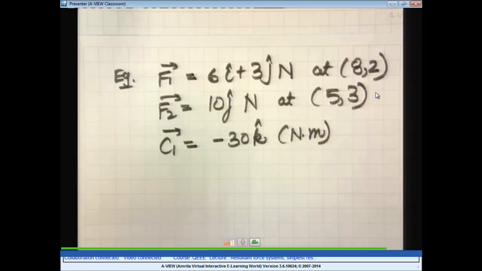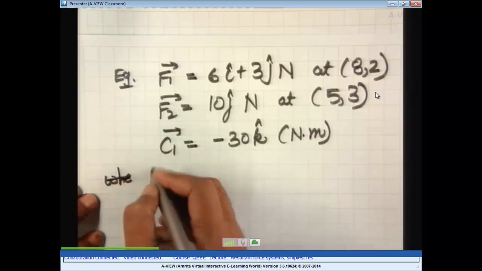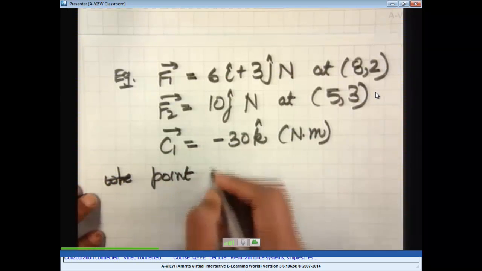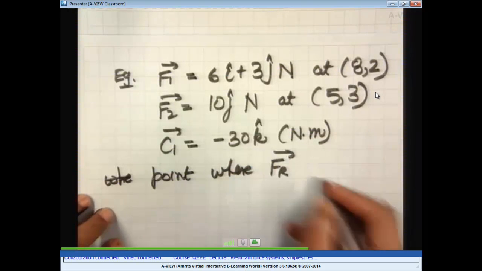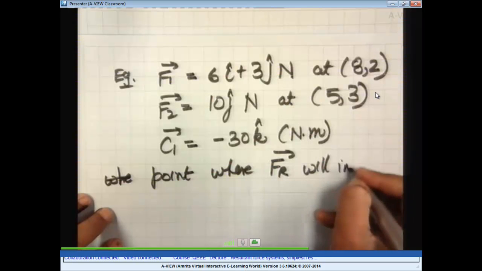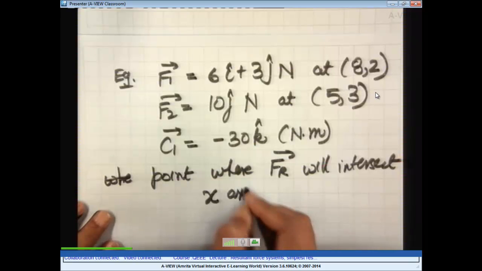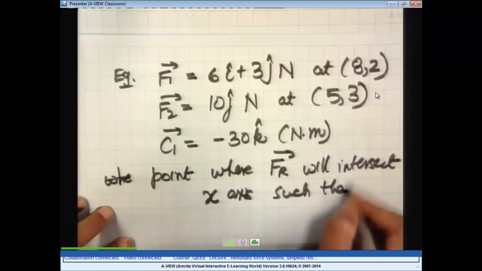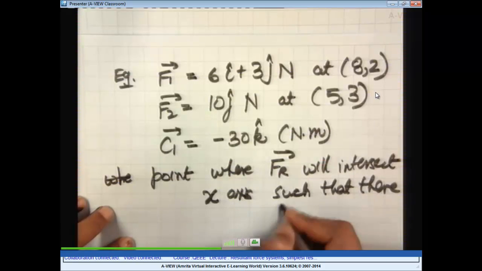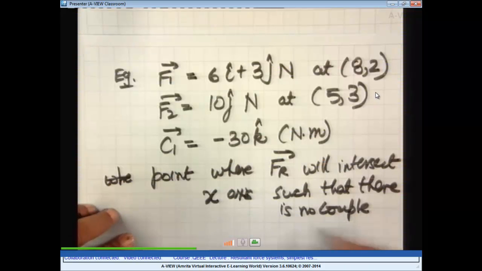Now what we want to find out is the point where the resultant Fr will intersect the x-axis such that there is no couple there, and we shift it.